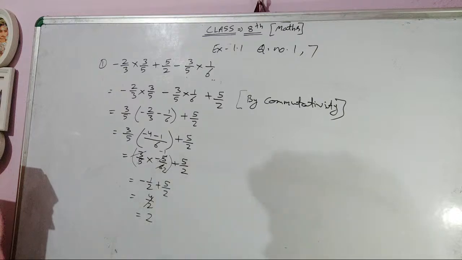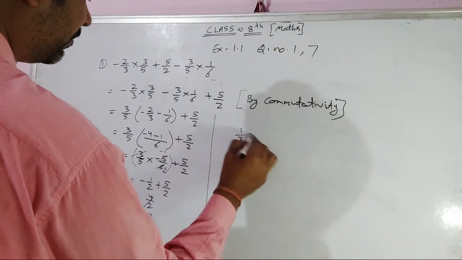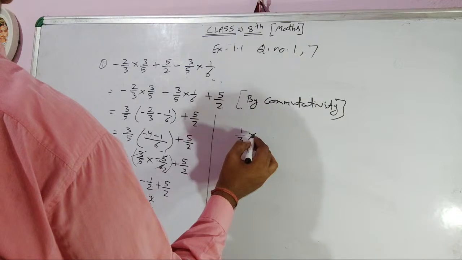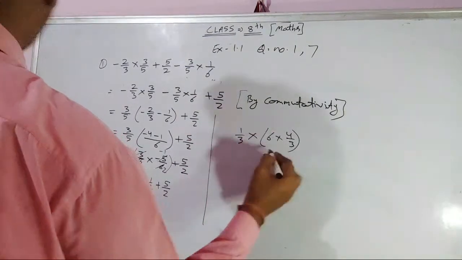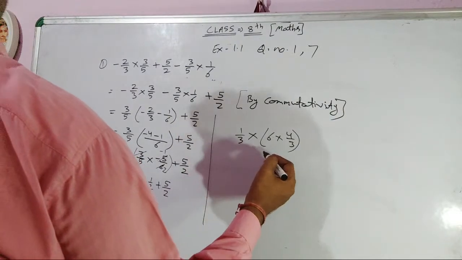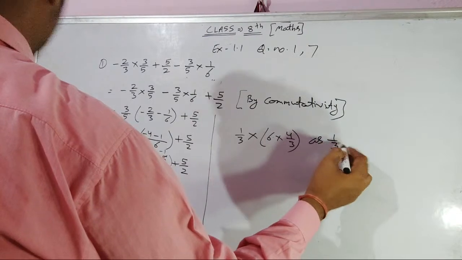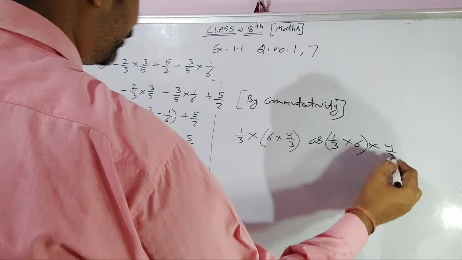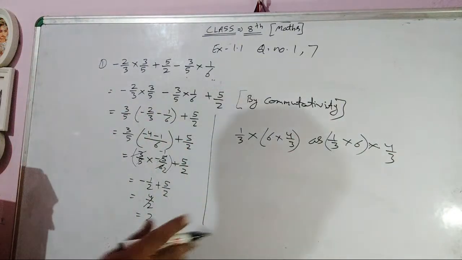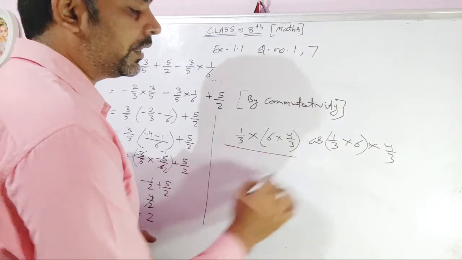We are given 1 upon 3 multiplied by 6 into 4 upon 3, as 1 upon 3 multiplied by 6 multiplied by 4 upon 3. The question is, with the help of which property can you write this thing as this?